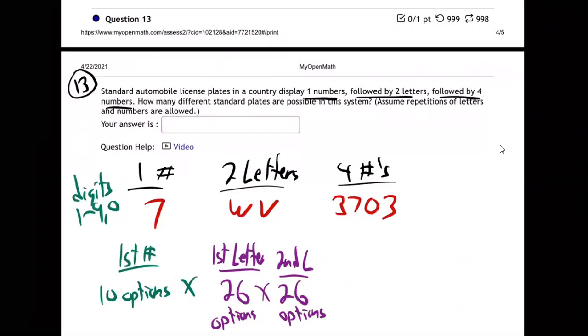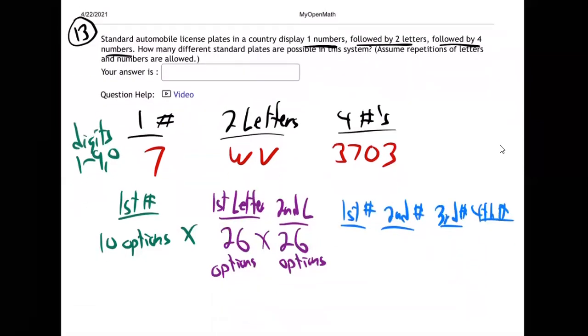Okay, next I'm coming to my four numbers. First number, second number, third number, fourth number. And for each of these numbers, there are 10 options, as we've said, 1 through 9 or 0.